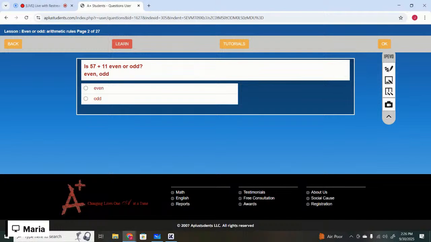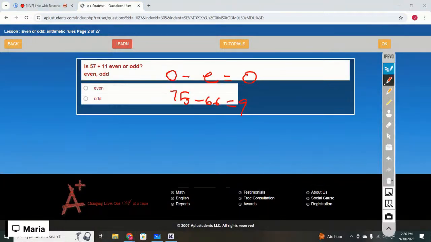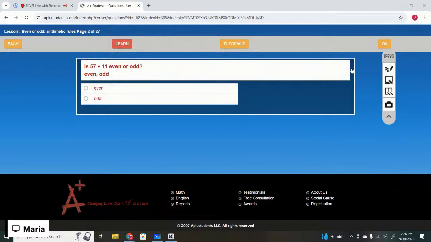Is 57 plus 11 even or odd? Odd plus odd is always even. So the correct option is even. Option number 1 is the correct option.